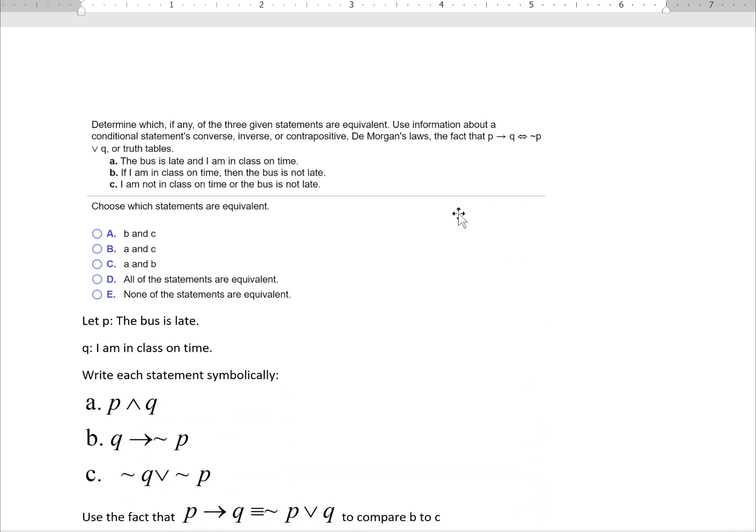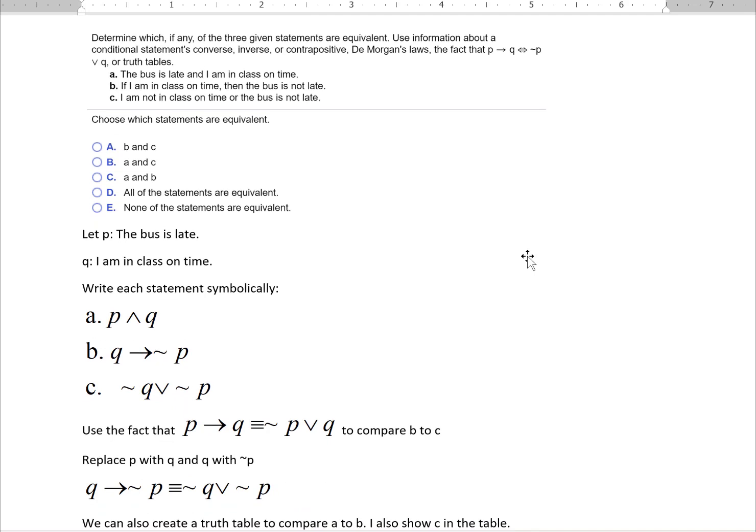In the final problem, they've given us 3 compound statements, and they want us to determine which are equivalent. And they're telling you to use information about conditional statements like converse, inverse, contrapositive, De Morgan's laws, the fact here that we can translate a conditional to an equivalent statement. And so what I did first was I picked my simple statements. P is the bus is late, and Q is I am in class on time.